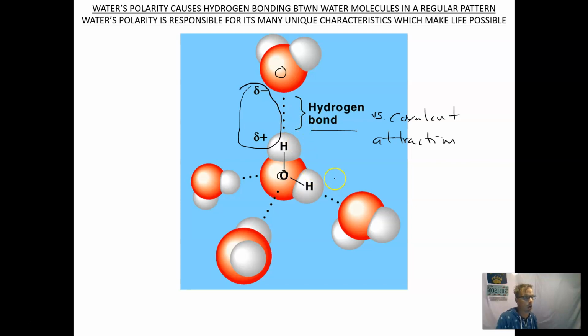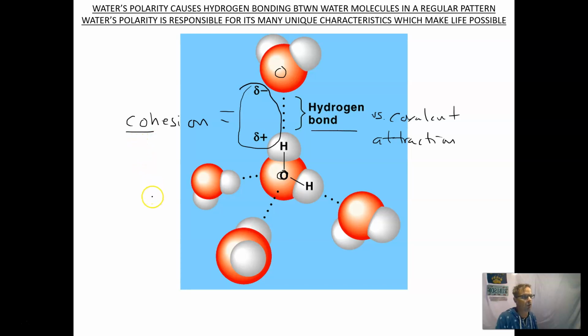But overall, you have lots of hydrogen bonds, and if you sum up all the hydrogen bonds, you can get a relatively decent attraction force. Anyhow, these hydrogen bonds between the water molecules are sometimes referred to as cohesion. So the water molecules cohere together.